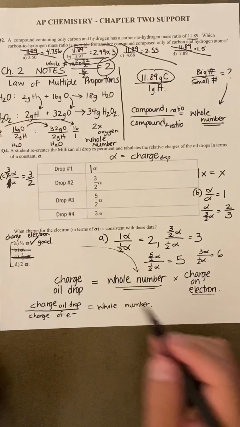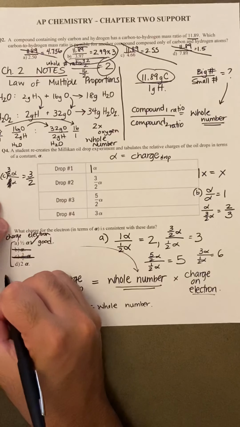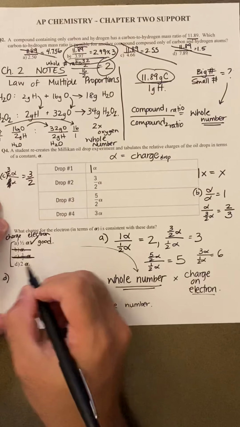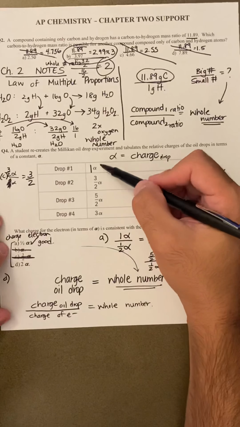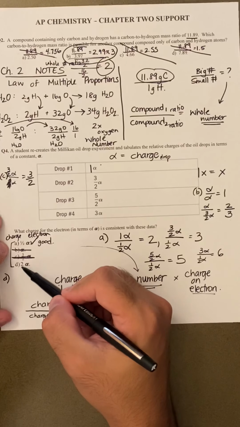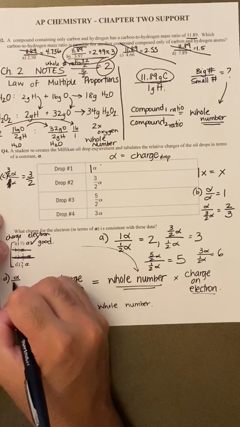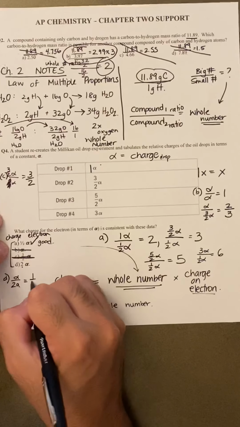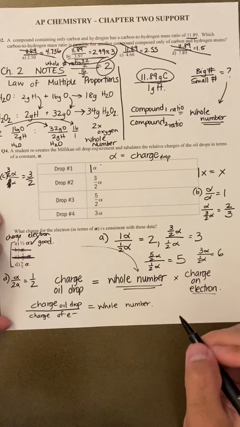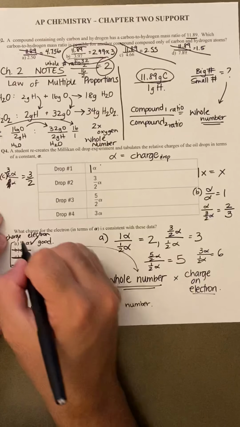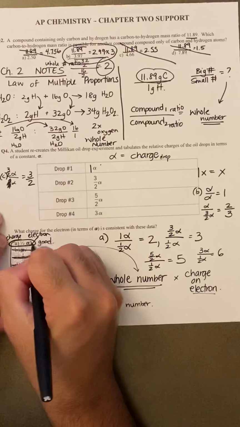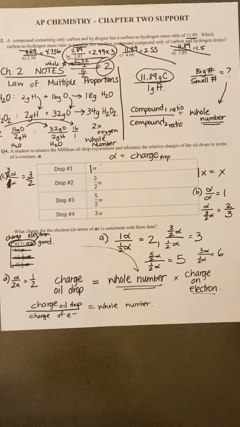Can't do C. And then let me do D now. I have to divide the charge of the drop by the charge of the electron, potentially. Does it give me a whole number? Alpha divided by 2 alpha is actually equal to 1/2. So I can't do D. The only correct answer then would be A.